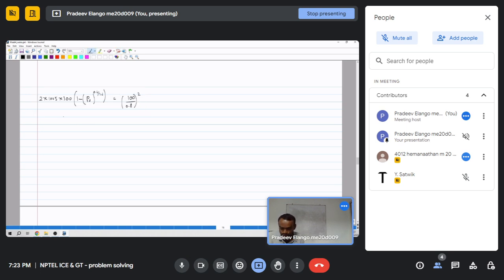So now 1 minus P2 power 0.4 by 1.4 is equal to 100 by 0.8 the whole square into 1 by 2 into 1005 into 300. Now P2 power 0.4 by 1.4 is equal to 1 minus 100 by 0.8 square.